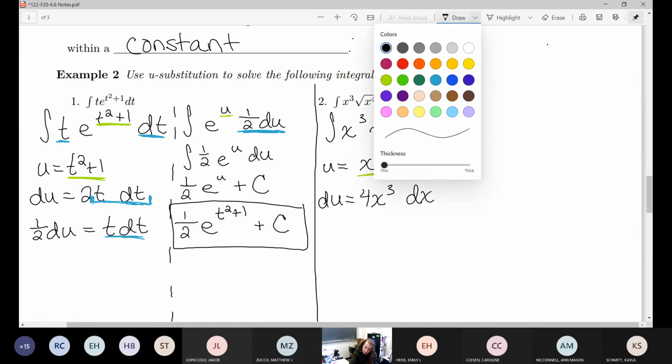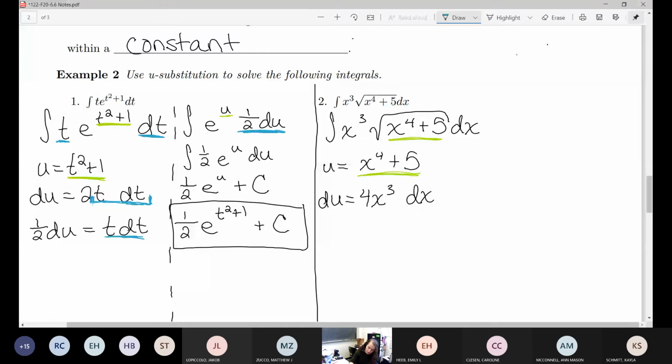Now again, in the problem we have an x cubed dx, so we don't need that 4. If we divide it over to the other side, we get 1/4 du equals x cubed dx. Now we can replace.